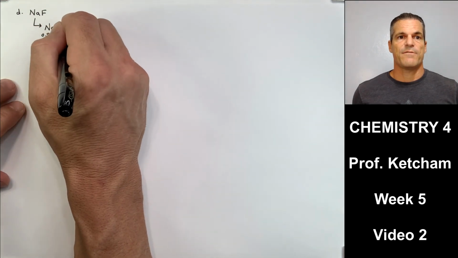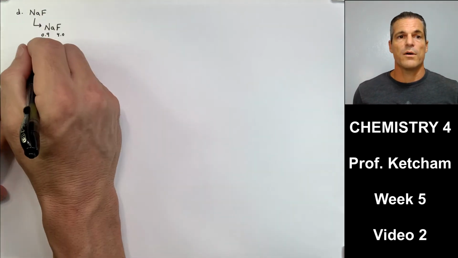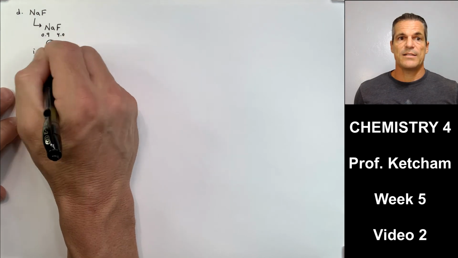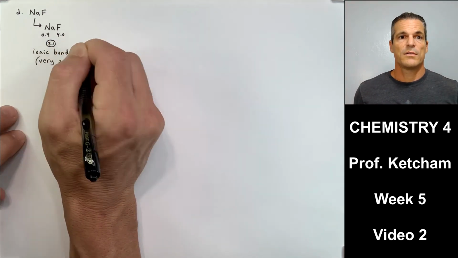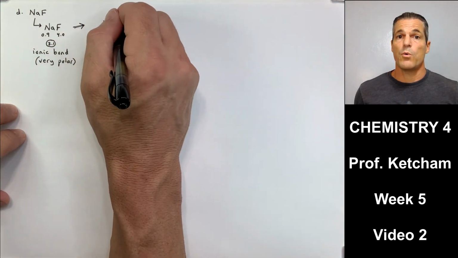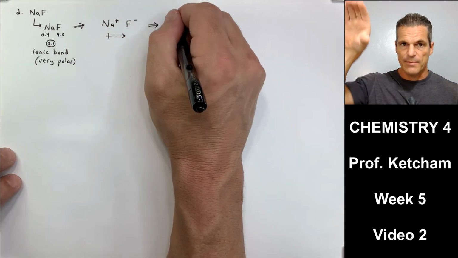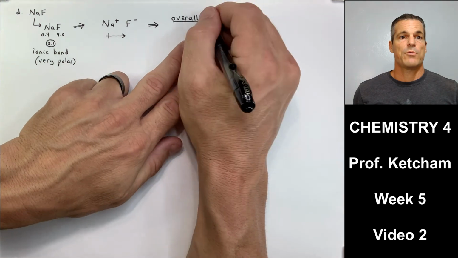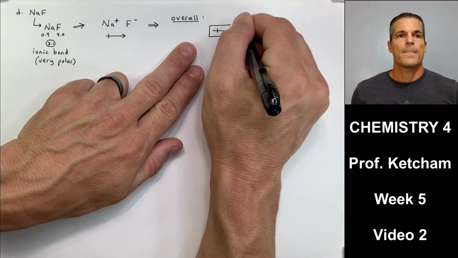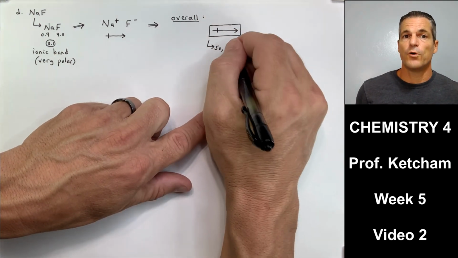D, NaF. Now, NaF we've seen before. Na is 0.9, F is 4.0, so the electronegativity difference is 3.1. 3.1 is way up on that chart in the ionic bond region, so that would be very polar. Na plus, that's a full plus charge.